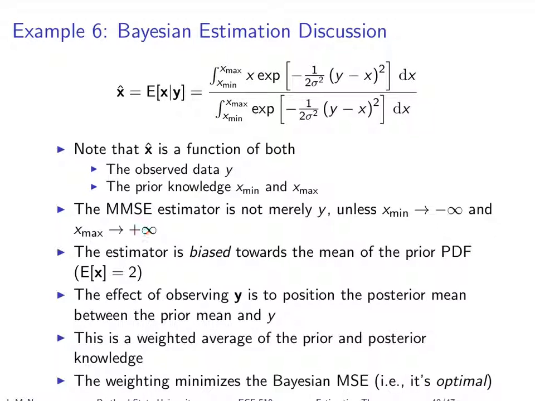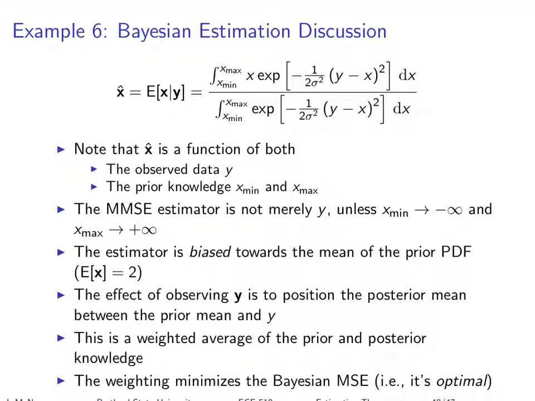So in this case, if we say, you know what, we thought we had prior information, and we thought it was bounded between xmin and xmax, but really we've got no idea. So if you discard your prior information, or if you say my prior information is very broad, it stretches out over a very large range, then all the weight lands on your measurement, on the observed data, and it essentially reverts back to being a classical type of estimation.